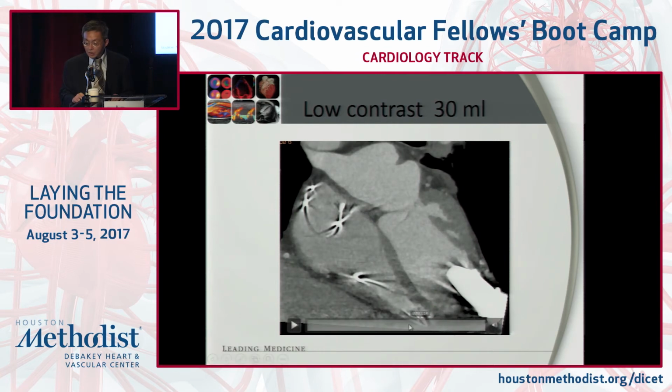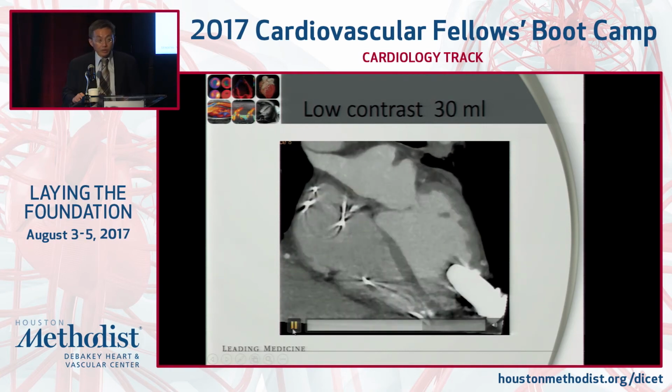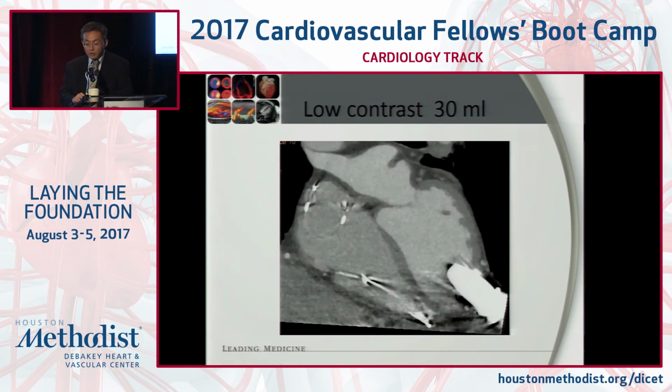contrast. You can see this is a case of a patient with LVAD, left ventricular assist device, with renal insufficiency. With the newer scanner, newer protocol, we were able to do this multi-phase dynamic study, RV to assess LV and RV function in a cannula, with under 30 cc of contrast.